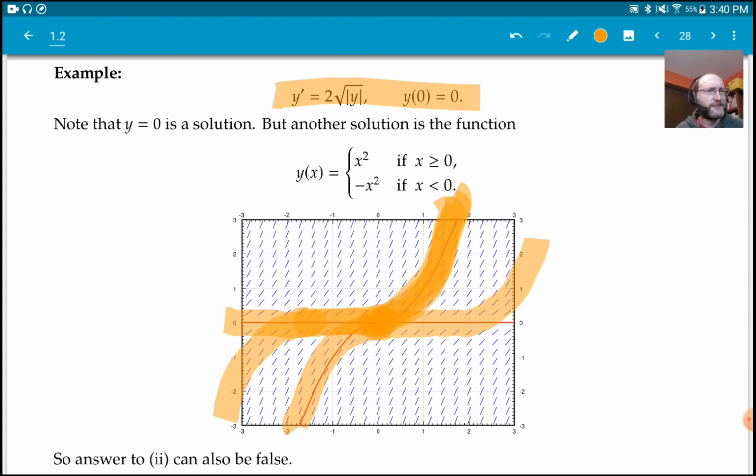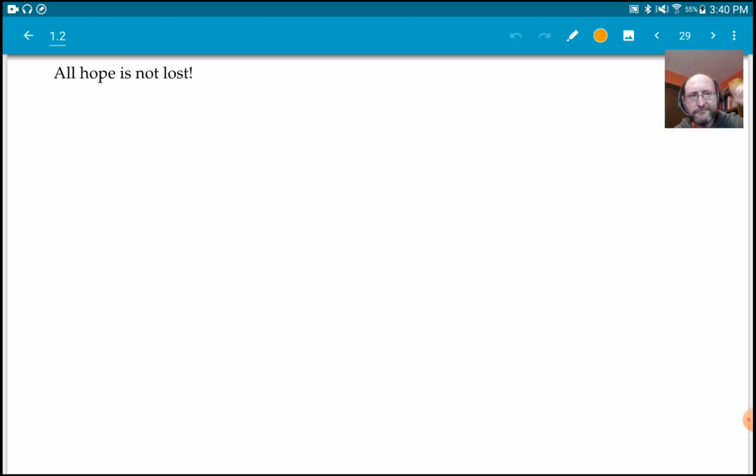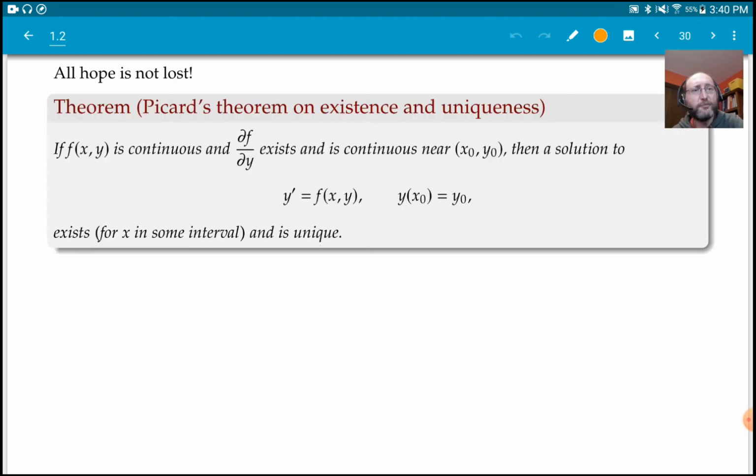Those were fairly simple. Maybe the first one is kind of easy to tell. It's 1 over x. Things blow up. Maybe that's easy to tell. But over here, maybe it's not so easy. But it's not too bad. There's hope left, and the hope is Picard's theorem. Right? So Picard's theorem says that if this f is continuous, so you need continuity, but you need more than just continuity.